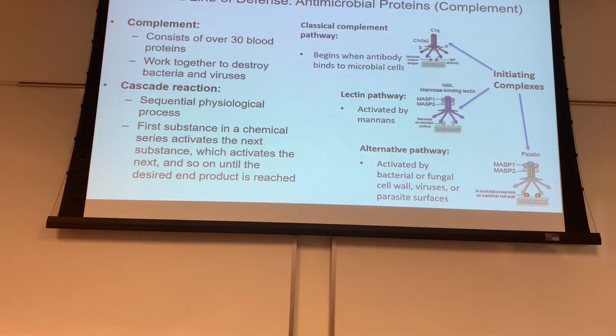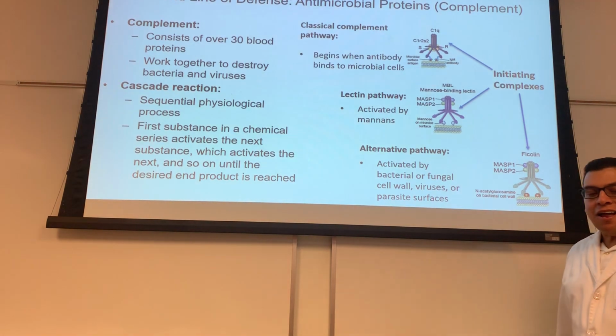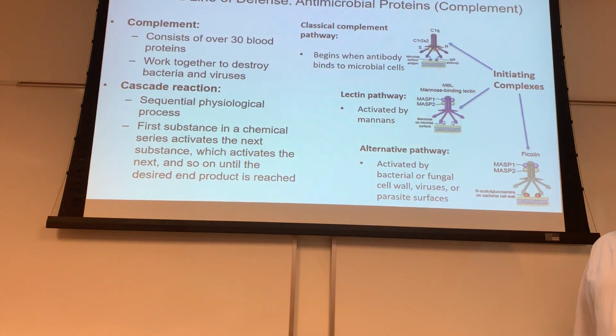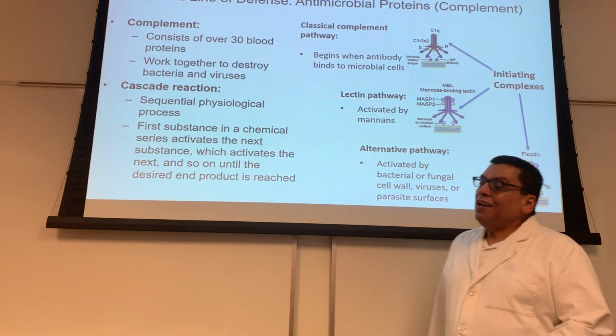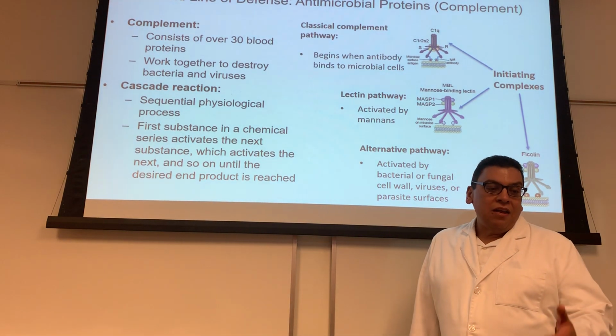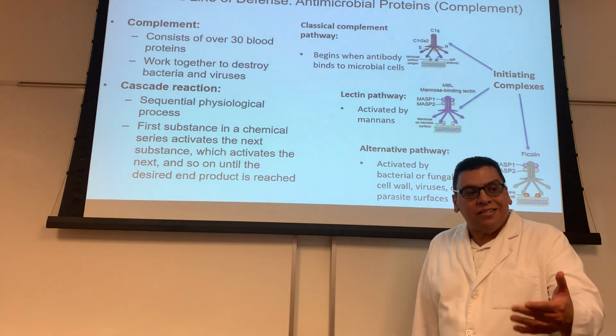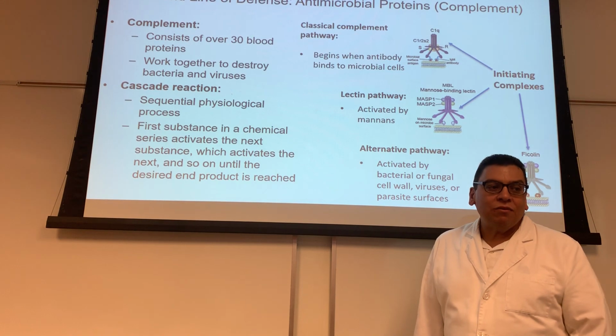When you get an infection, the complement system is going to recognize that it's bacteria, and that it needs to do something about it. So how do they recognize bacteria and how do they activate the complement reaction?